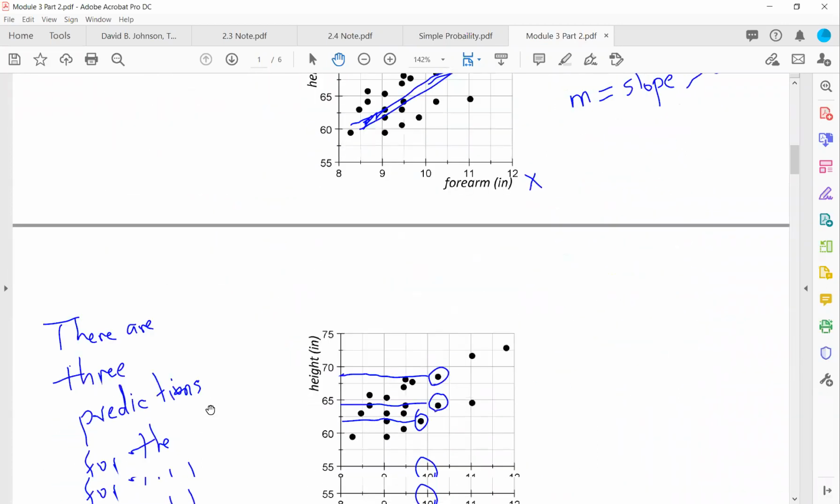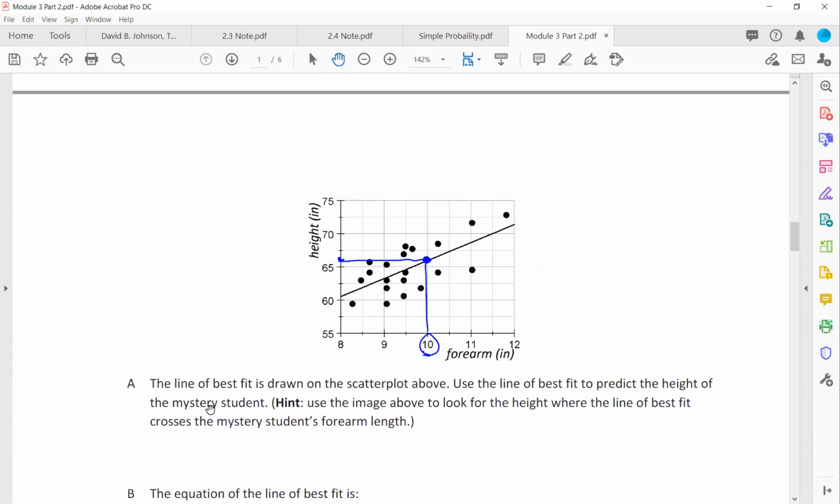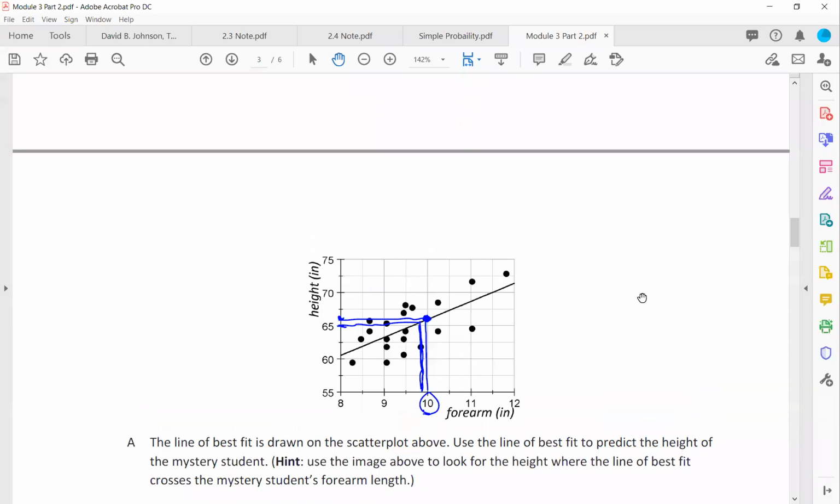So let us find 65 inches here. 65 inches matches to this point, which is almost close to 10 inches of forearm. So this is your first student.